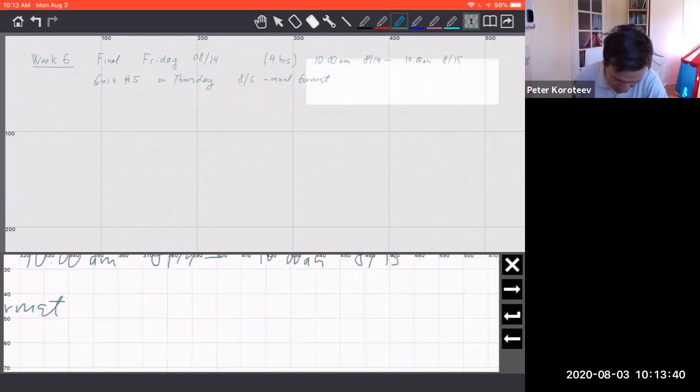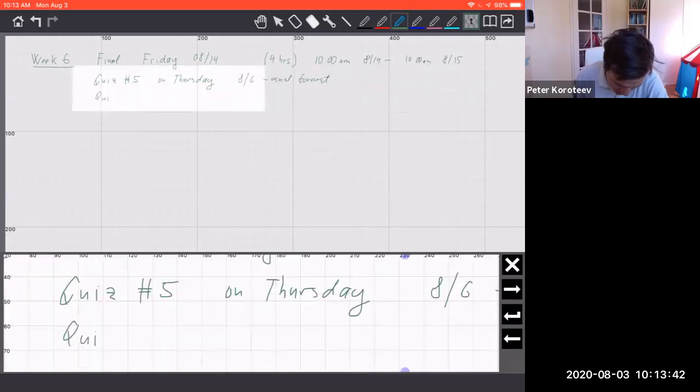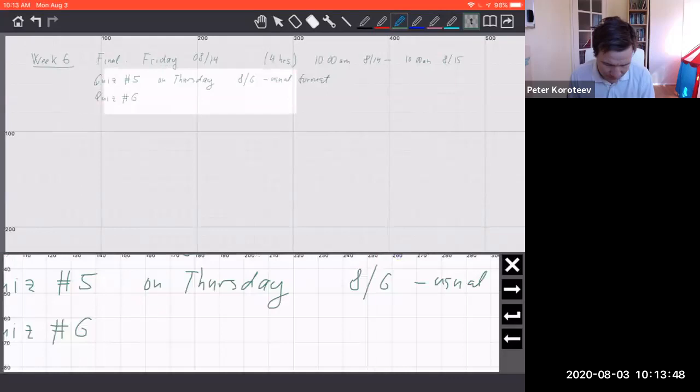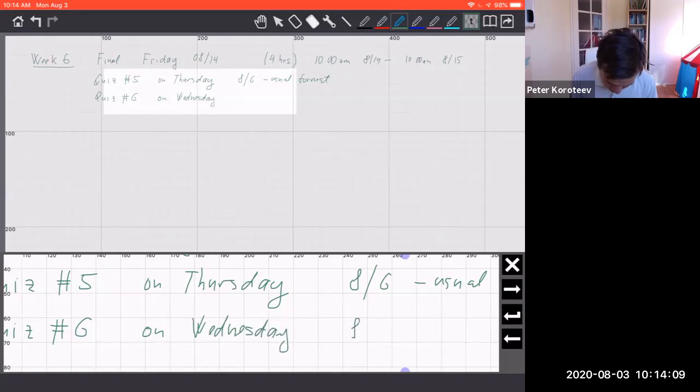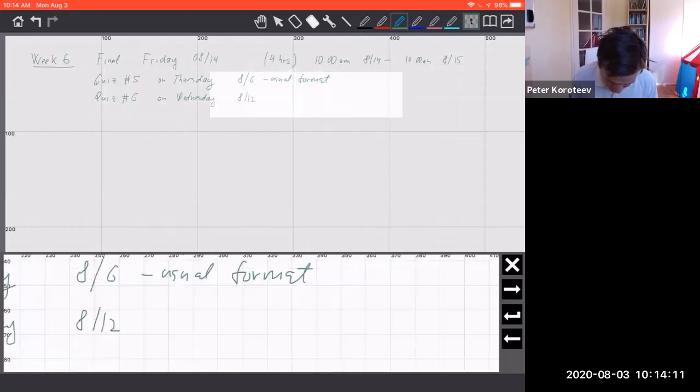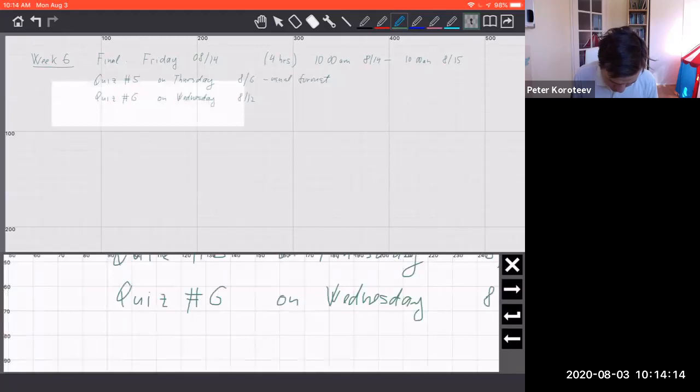There will be a special announcement, and then there will be a quiz, a regular quiz, next week about the content of section 16, the vector fields. Thursday next week will be a review session, and instead we'll have the quiz on Wednesday, the 12th. That's quiz number 6, which covers the material of section 16.